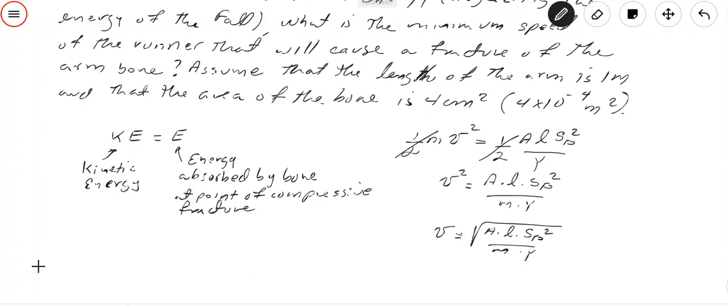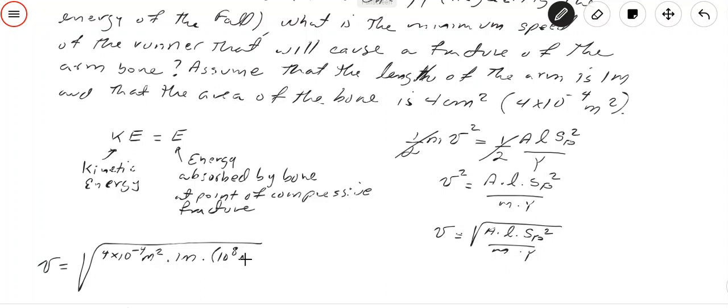If we substitute now here, we have that the speed of the runner will be equal to, what is the area? 4 times 10 to the negative 4 meters squared, times what is the length of the arm? 1 meter, times what is the breaking stress of the bone? 10 to the 8 pascals.